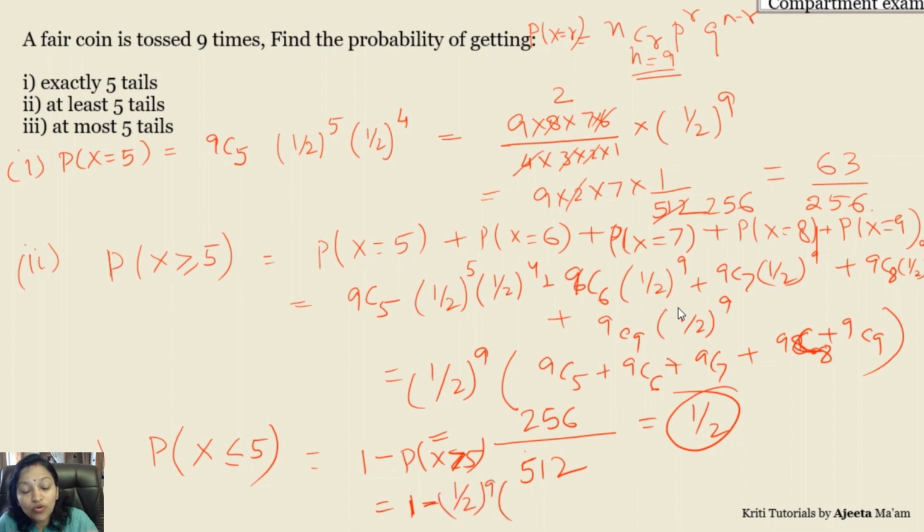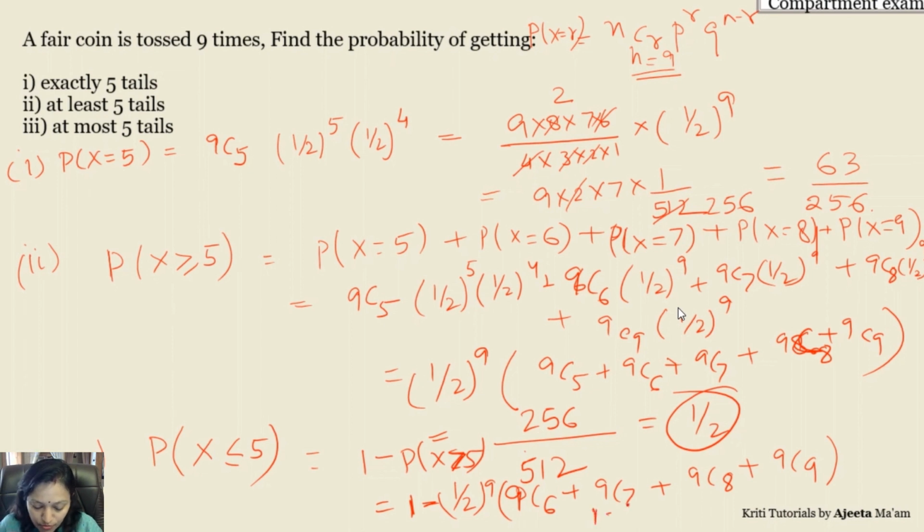Which cases do we have now? All except 5. As I said, now we need 5, so we will not subtract 5, the rest of the cases we will subtract. So those values you have already found above, 9C6, 9C7, 9C8, 9C9, we have to use only those, just subtract it now.